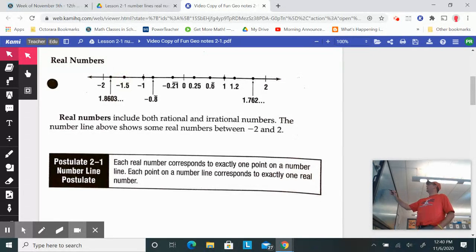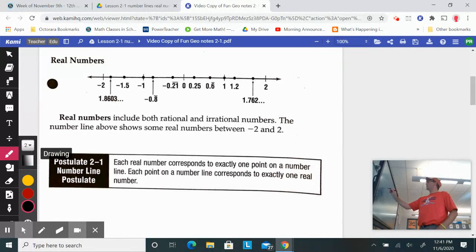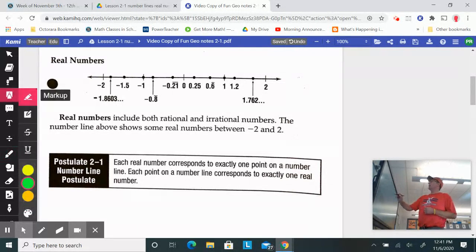In between them, and this should be right here, this is a typo by the maker of the worksheet. That should be a negative 1.8603, because this whole side over here, these are all the negatives. Then you have the positive side, and it goes to the right. And every real number has a place on the number line.